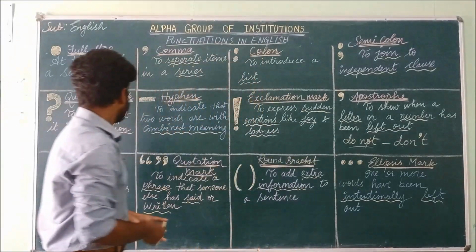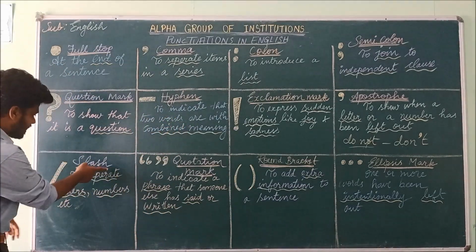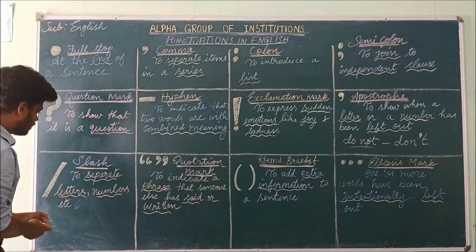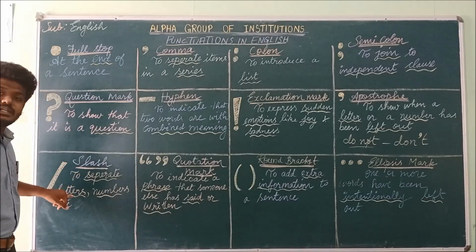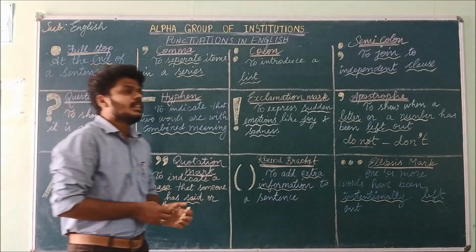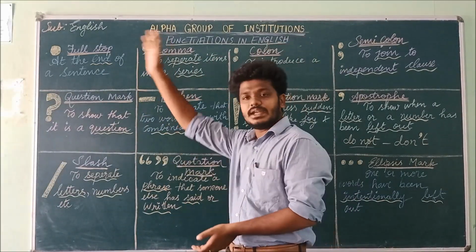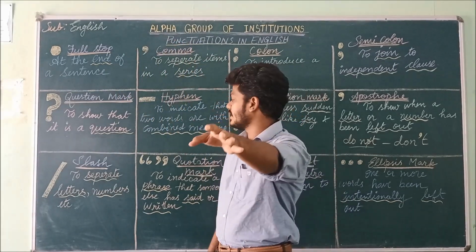Clear? Yes. So now let's move on to the next one, that is slash. Slash is nothing but a slanting line. What is the purpose of using a slash? To separate letters, numbers, etc. For example, while writing the date at the top, how will we write it?